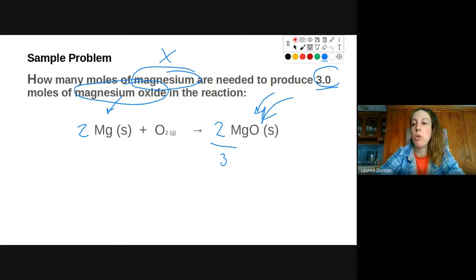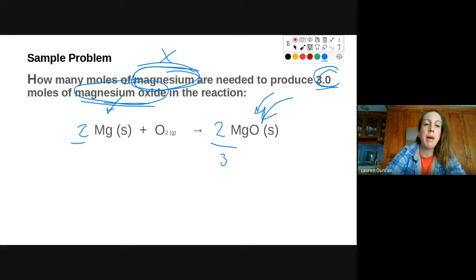So since I was told I want to make 3 moles of magnesium oxide, I find magnesium oxide in the equation, and under its coefficient, I put the 3. And then I think about, well, what are they asking me for? They want to know how many moles of magnesium. So I would find magnesium in the balanced chemical equation, and under its coefficient, I put an X, because that's what I'm looking to find.